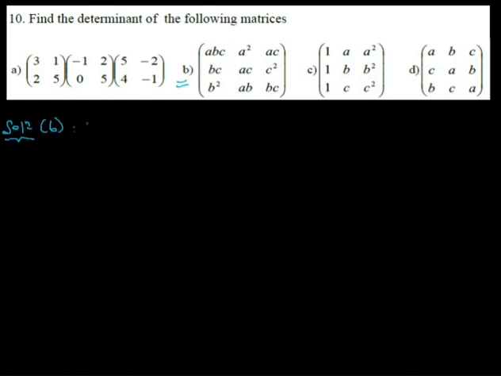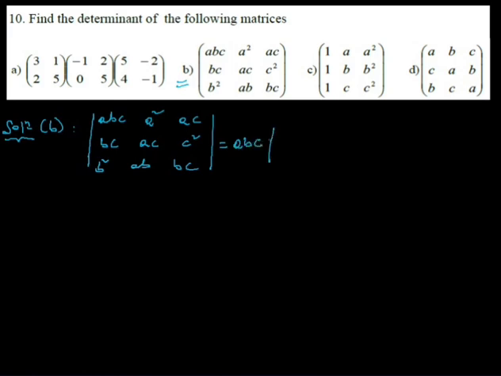So the determinant of the matrix with rows ABC, A square, AC; BC, AC, C square; B square, AB, BC. There are different ways of finding the determinant, but here I will just use the most common one.